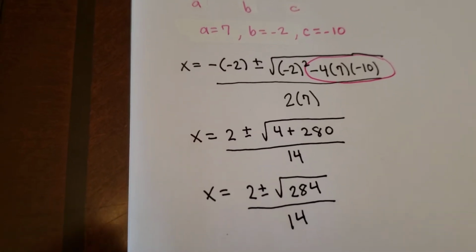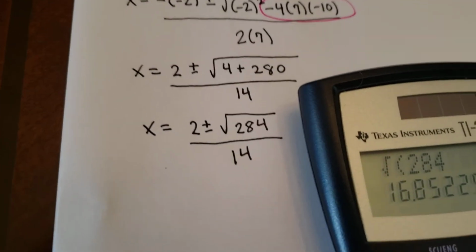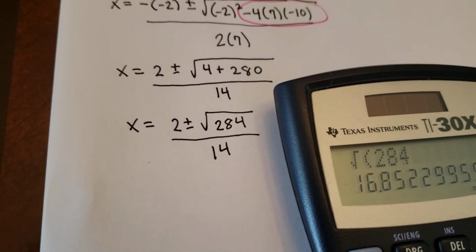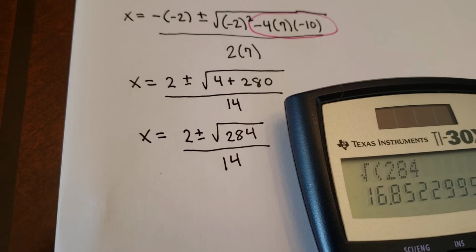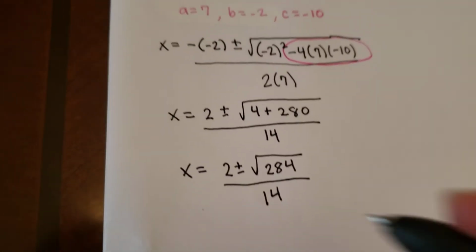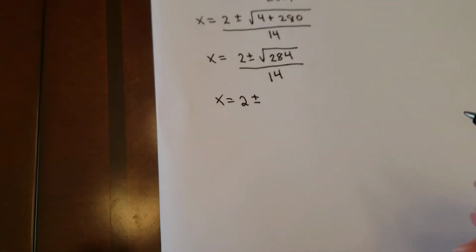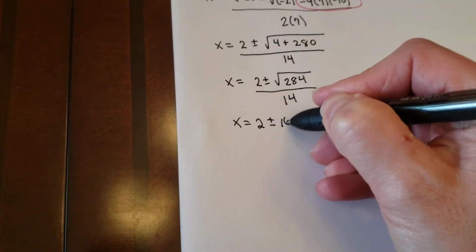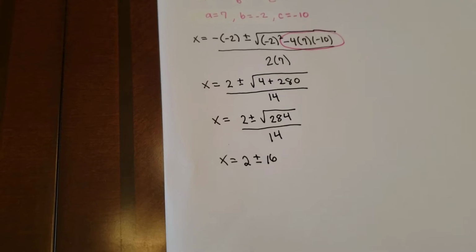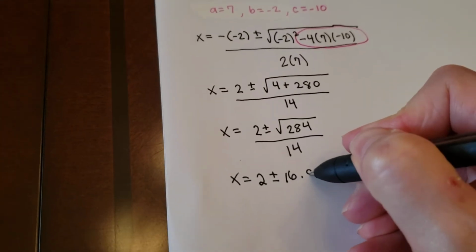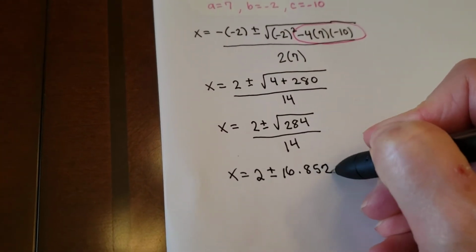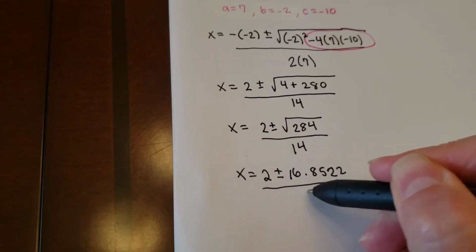Then we need to put the 284 into the calculator. And that's going to give you 16.8522. So we'll just use those first 4 decimals. So we will write it as x equals 2 plus and minus 16.8522 over 14.